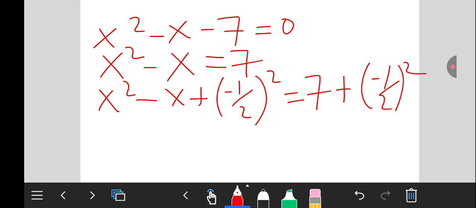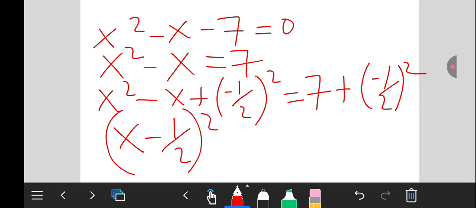The simplest way to factorize this is to factorize the left hand side. So it is just x minus, you take the sign which is inside there, x minus 1 over 2 squared is equal to, you use your algebra here to find the value. So it will be 7 plus negative 1 over 2 squared, that is just 1 over 4.